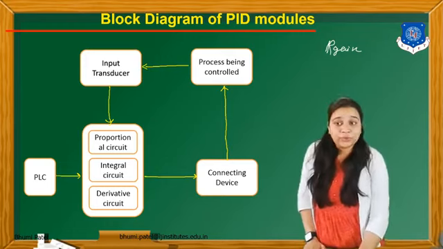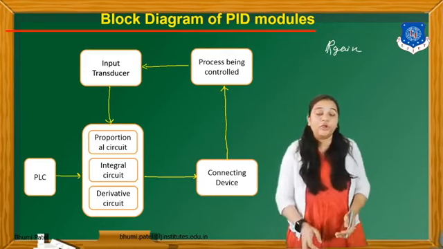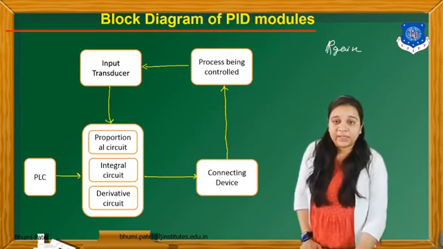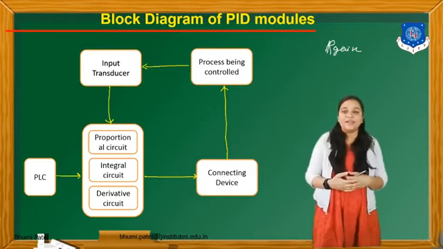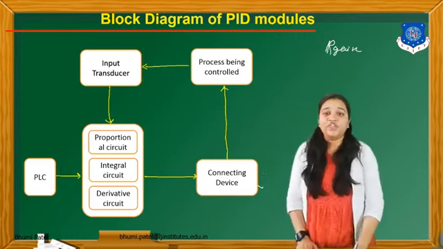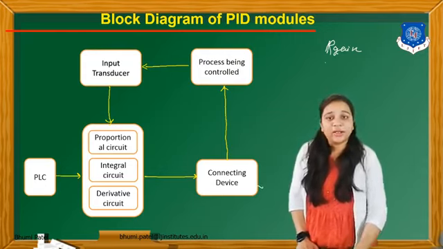If we use a proportional plus integral circuit, that means a PI module, then we can change the P gain as well as the I gain of the system. If we use the proportional plus integral plus derivative circuit, then we can change the P gain, I gain and D gain of this particular system.